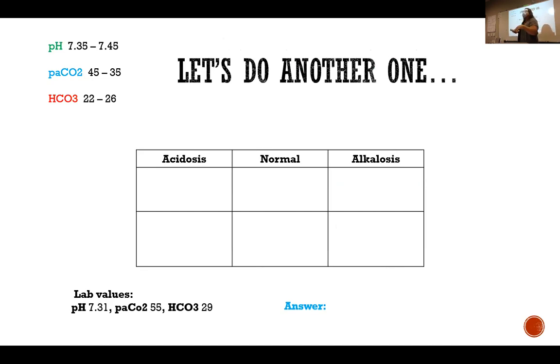This one I want you to do on your paper. I want you to try it on your own, and then we'll walk through the answer, okay? Have your lab values at the top, and we switch the PaCO2 because it's the opposite. This is our question down here. It tells us the lab values that we're interpreting. And then we use our tic-tac-toe. Give it a shot.